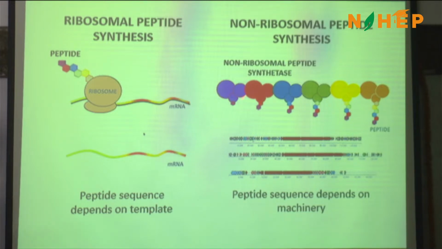Basically, it's what you see here. The purple module is adding one amino acid, then the red takes over from the purple and adds another one, and another one, and another one, until we have a peptide. So this is something completely new for many of you, I guess. But this is also happening in bacteria and fungus.